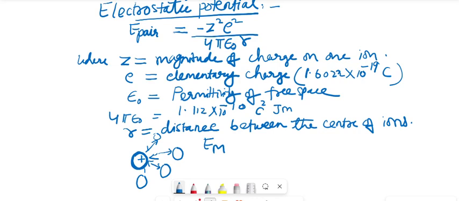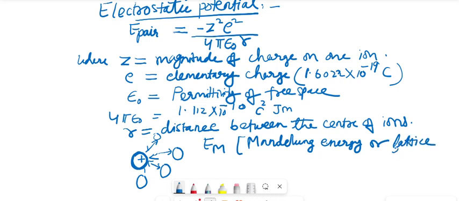It is sometimes called the Madelung energy or the lattice energy.